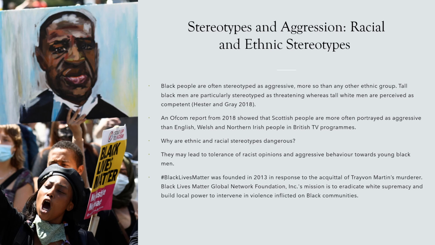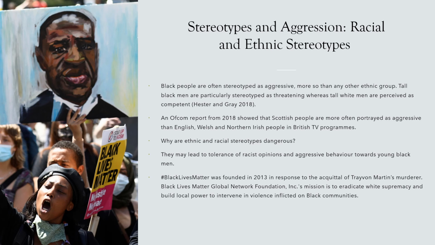And this is the main reason that Black Lives Matter was founded. Some of you may have only heard about it last year with the incident of George Floyd, but actually it was founded in 2013 because of the acquittal of Trayvon Martin's murderer.